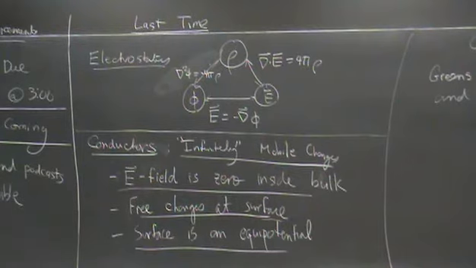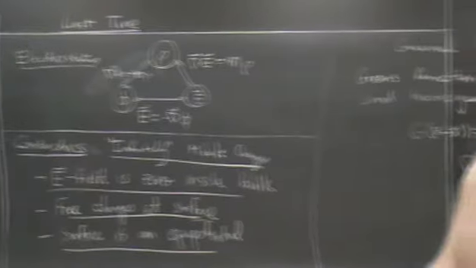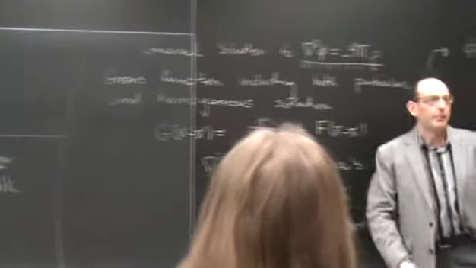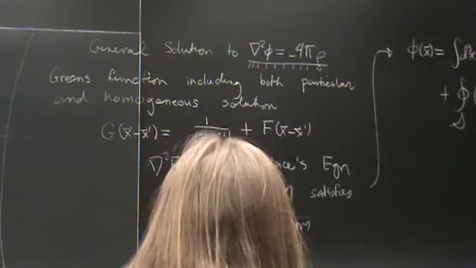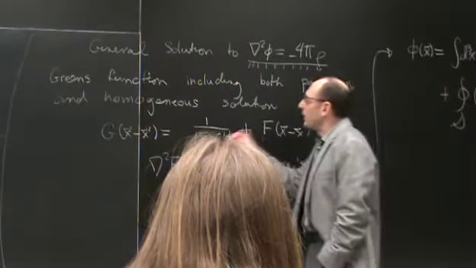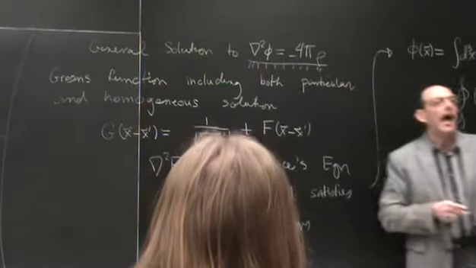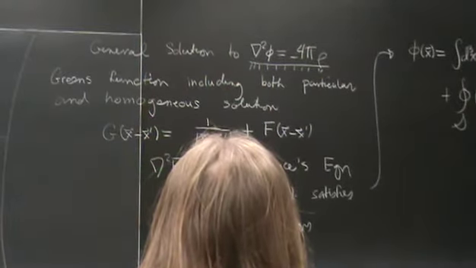So formally speaking, we can solve that problem by saying the general problem is the Poisson equation, and we want to look for solutions to Poisson's equation that include both the particular solution and the homogeneous solution.